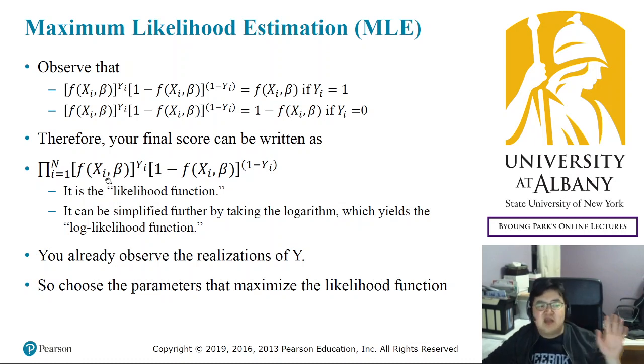And mathematically, it can be further simplified by taking the logarithm. So in practice, we usually use the log likelihood function. But it is just simple algebra, which is not important at the moment, I think. And because you already observed the realizations, choose the parameters that maximize the likelihood function. That's it. That's how we estimate the parameters.